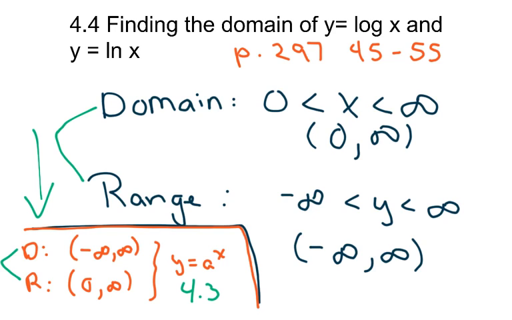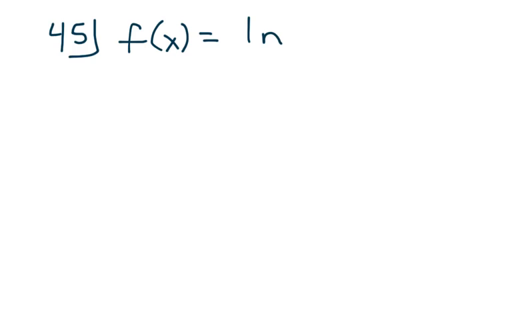Okay, so I'm going to do some of the odds. So we're going to do 45. And it's a lot like your square root function. So 45 is f of x equals ln of x minus 3.